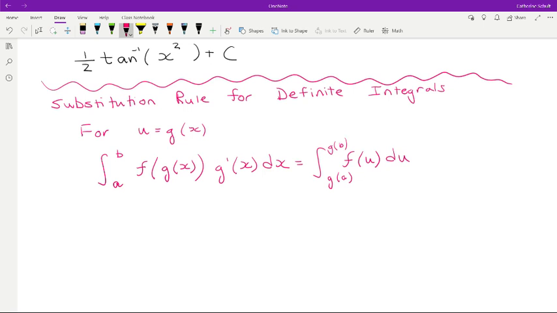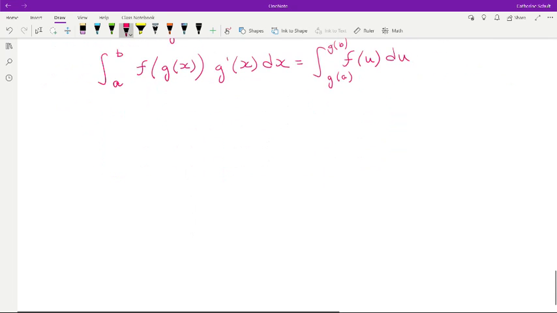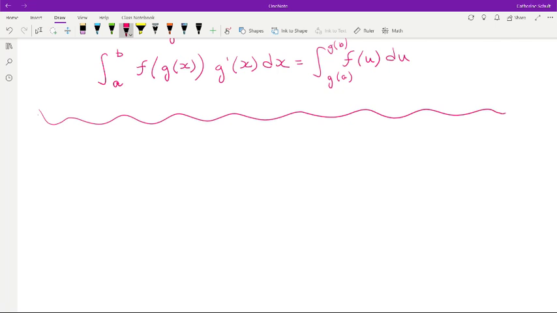Okay, let's look at an example. So we're going to find the integral from 0 to 1 of (3t minus 1) to the 50th dt. Okay, and the composition function, the inside function, I would start with 3t minus 1.